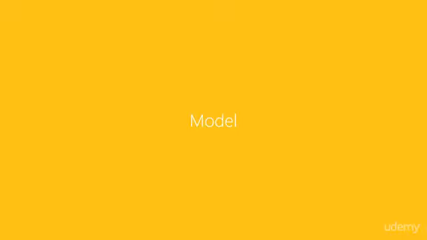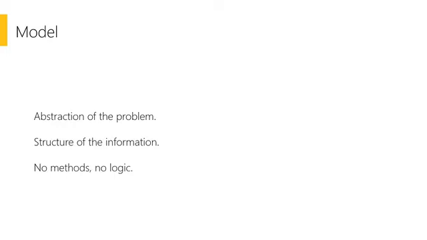Let's first talk about what the model is. So, the model is where you will abstract the problem. When you define the problem, or someone, your client, defines the problem to you, you need to start abstracting it into classes. If you have some experience developing applications, you'll know exactly what I'm talking about.